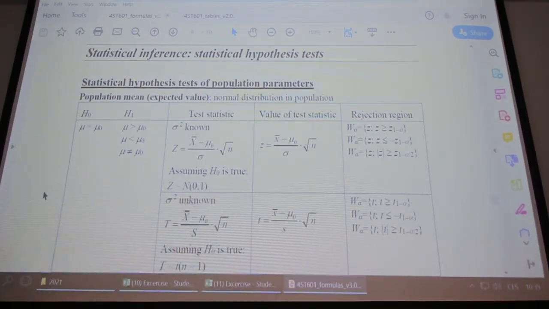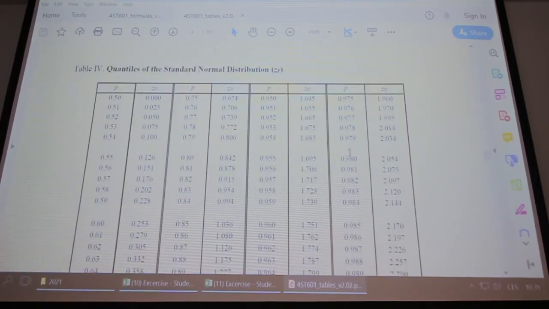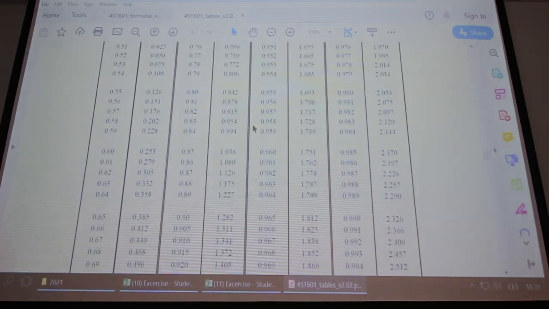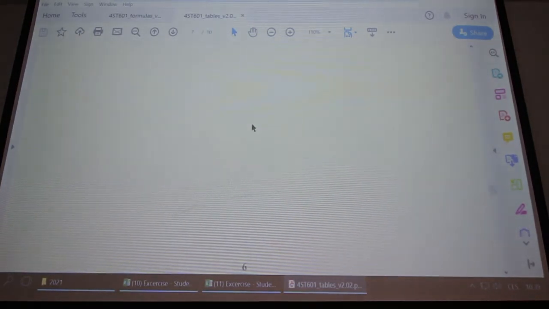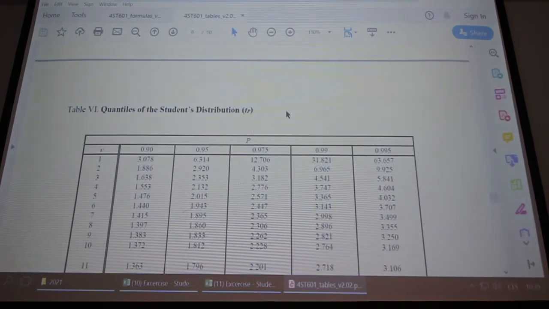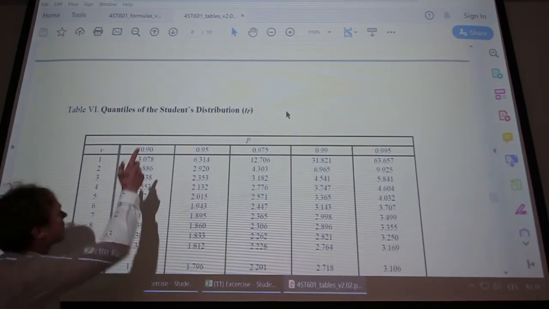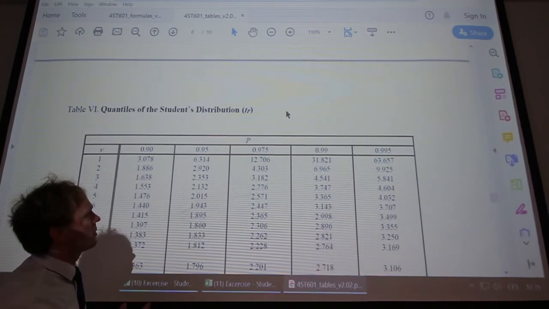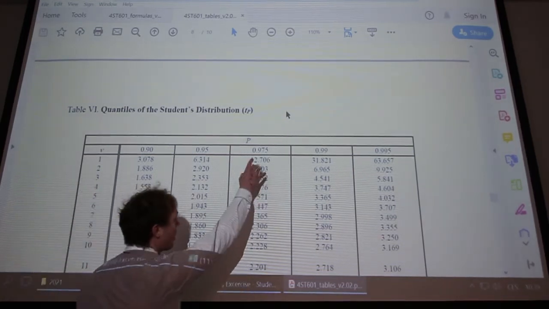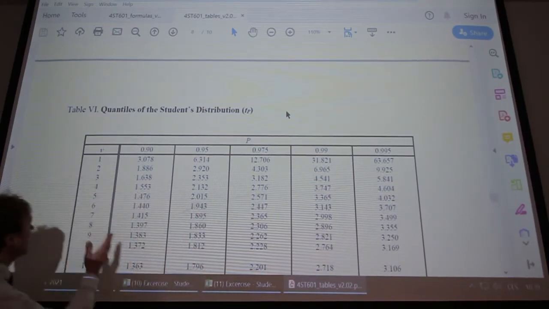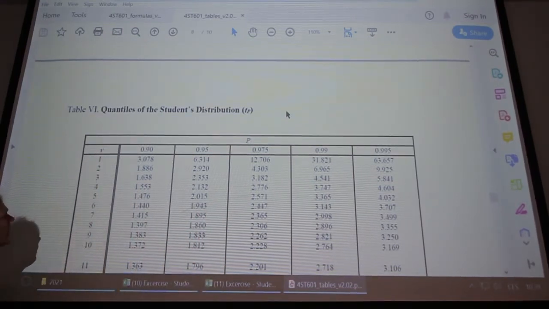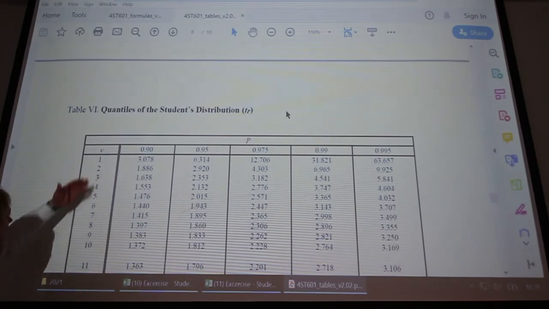So the statistical tables are here. I have here standard normal distribution, so I must scroll down. And there you can find quantiles of the student distribution TP. P value 0.975 is in the middle, and you can see the degrees of freedom are here.